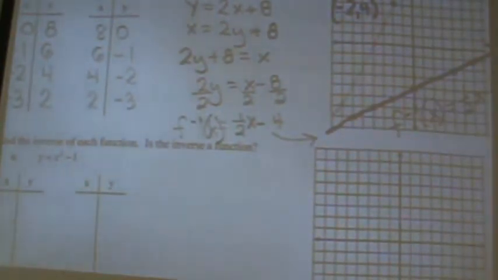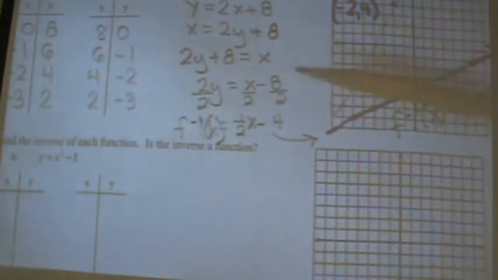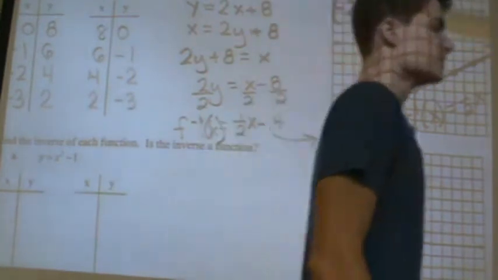Now, we could go a little deeper into this. Remember how you do the vertical line test to see if something's a function? Because the inverse is everything switched, instead of a vertical line test, you do a horizontal line test.